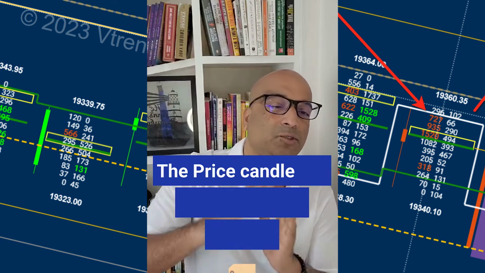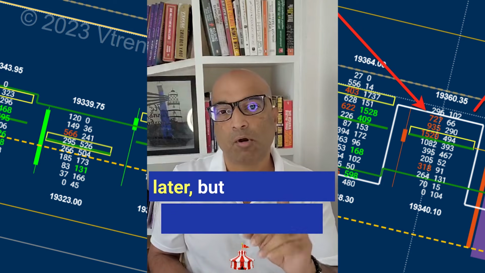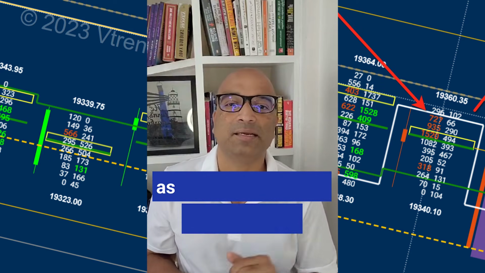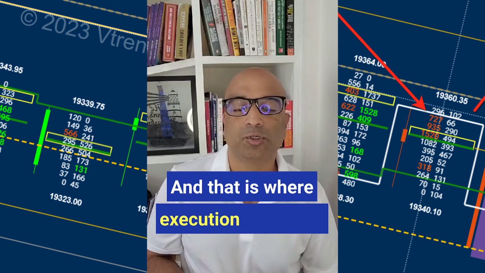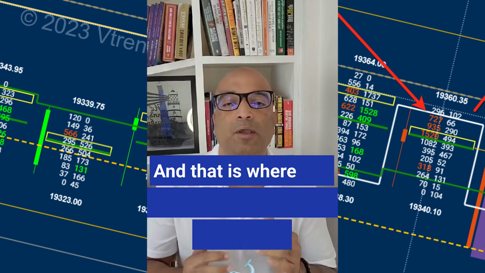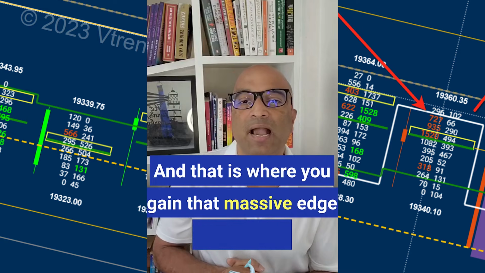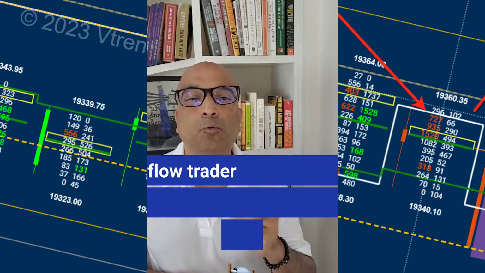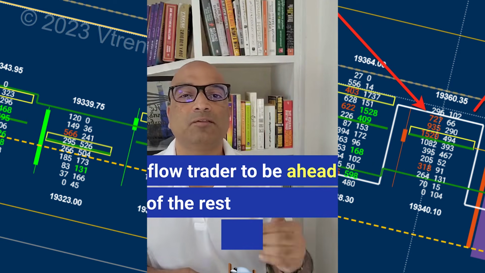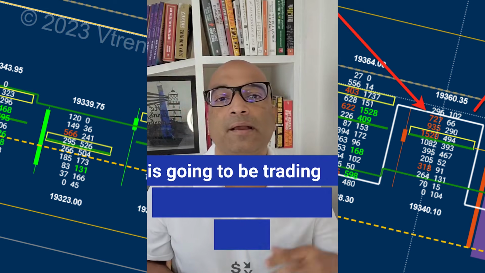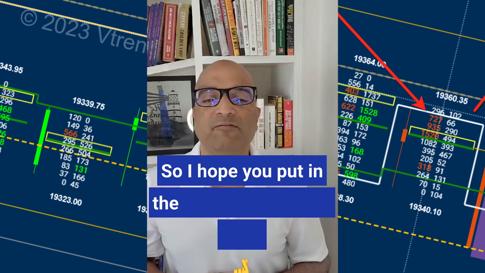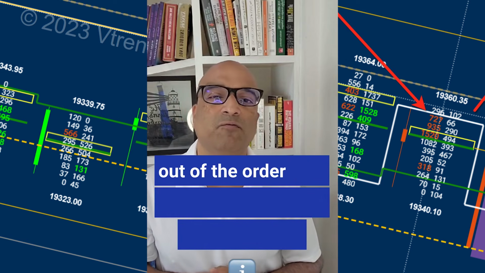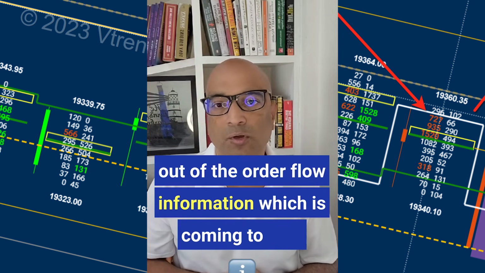The price candle will show you a few minutes later, but order flow is going to show you as it happens at that very moment. And that is where execution comes in, and that is where you gain that massive edge as an order flow trader, to be ahead of the rest of the crowd who's going to be trading it a few moments later, right? So I hope you put in the effort to make the most out of the order flow information which is coming to you.